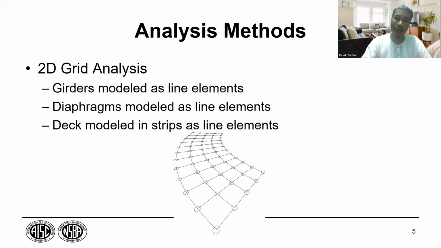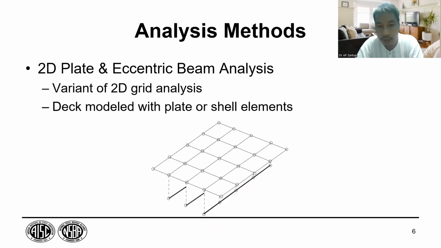So diaphragms and girders, and the deck modeled in strips as line elements. Okay, so they are modeled as strips and become a line. So that is what we mean by grid.